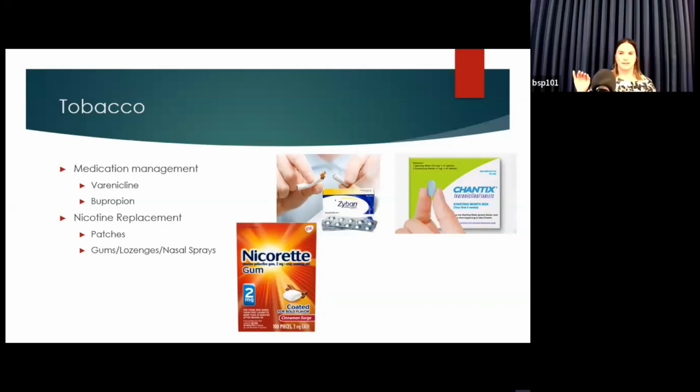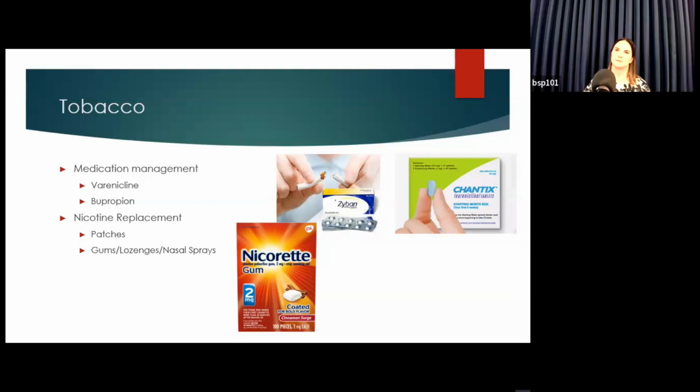I feel like everyone is afraid of Chantix because it's going to give people vivid dreams. When they studied it, for the vast majority of people who have the vivid dreams, the dreams are tolerable and the benefit of the drug outweighs the dreams, so they continue it. The other thing is people worry about varenicline in people with mental health disorders.